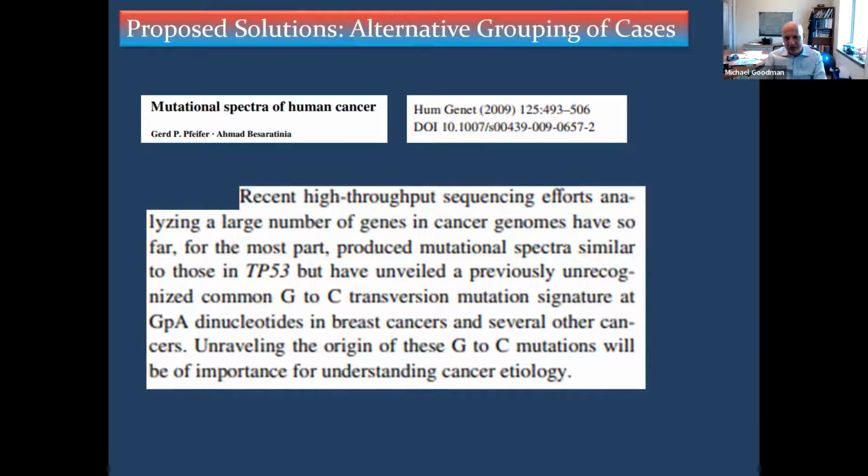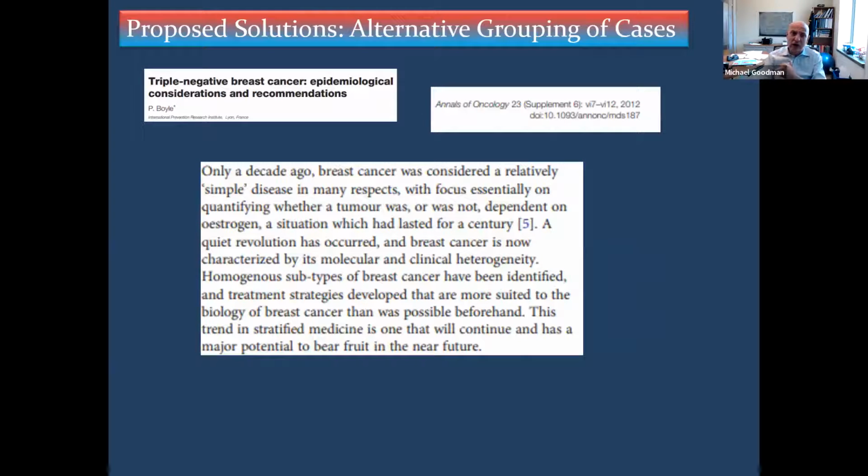And as you can see, these mutations may produce breast cancer as well as several other cancers. So if one were to go after molecular features of a tumor, regardless of where it originated, chances are that our thinking about what cancers belong together and which ones don't will change. The opposite is true for cancers that we think are the same, but in fact represent a plethora of different oncogenic events.